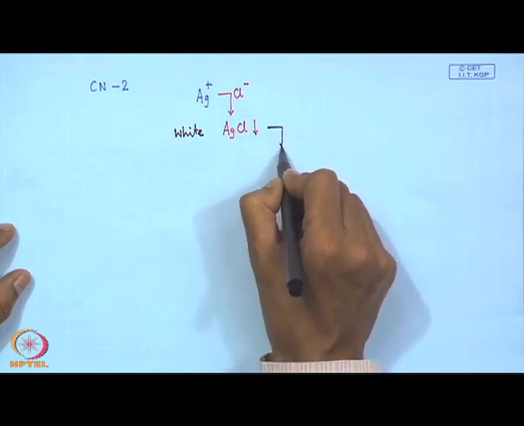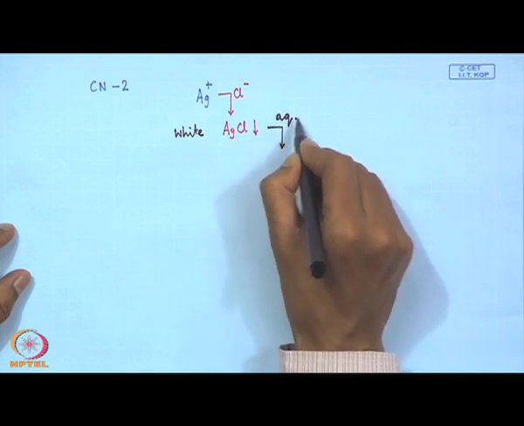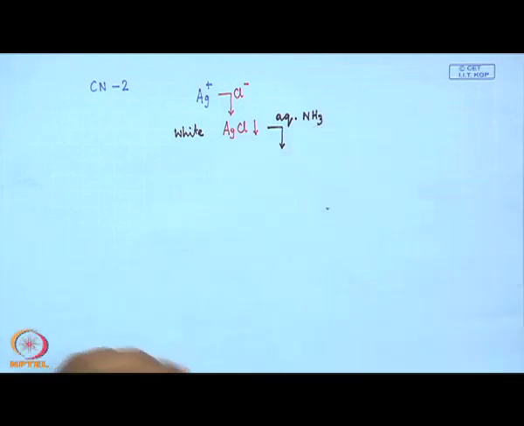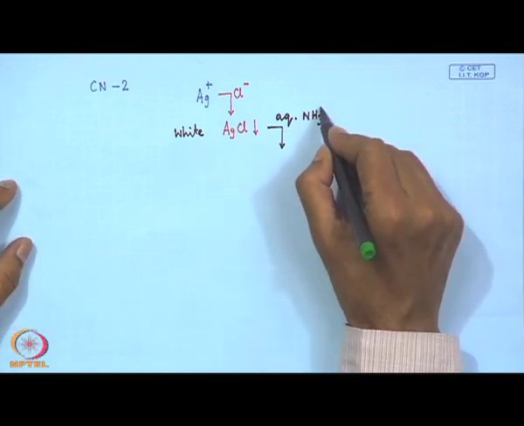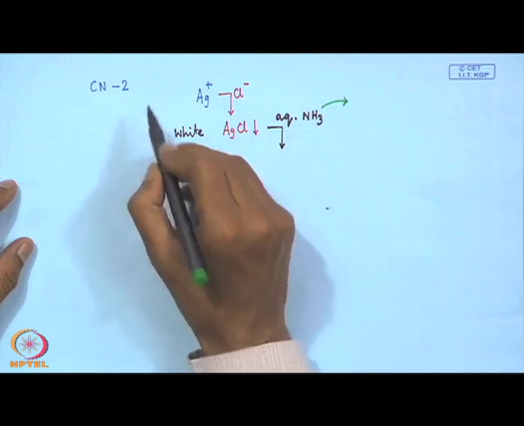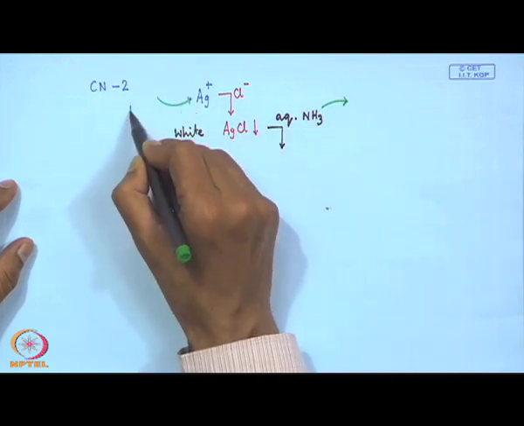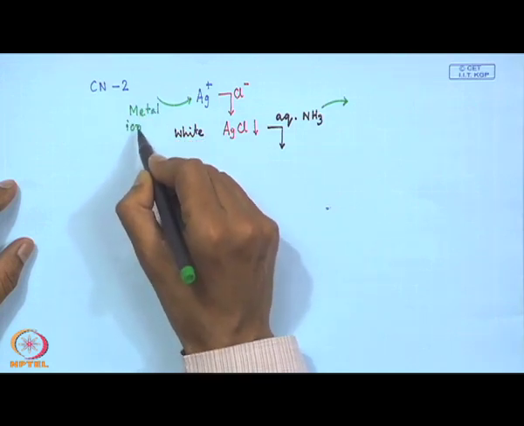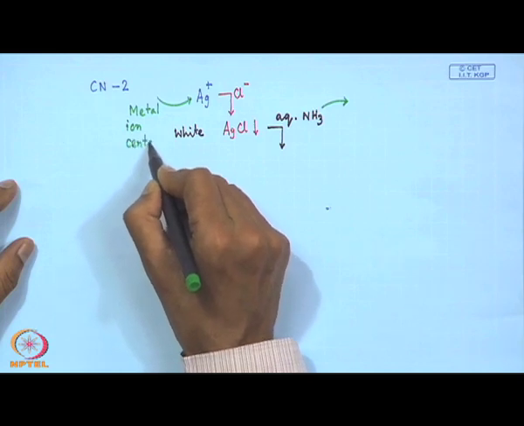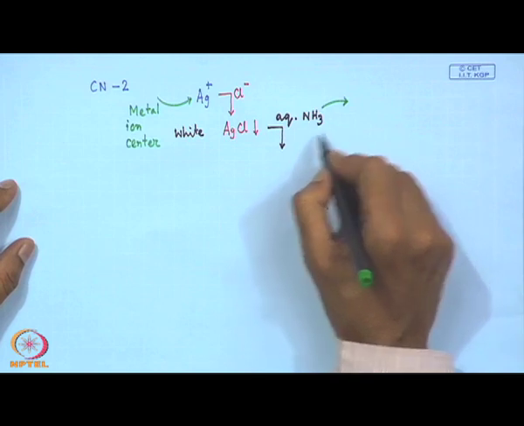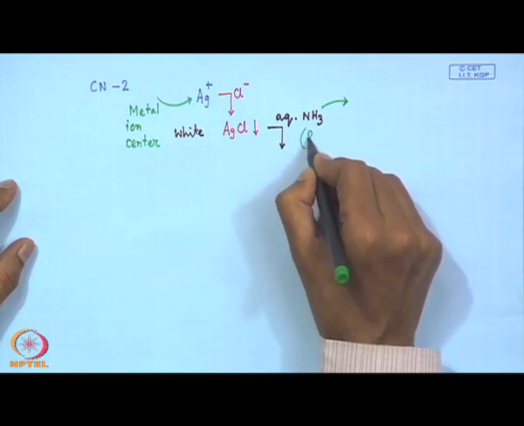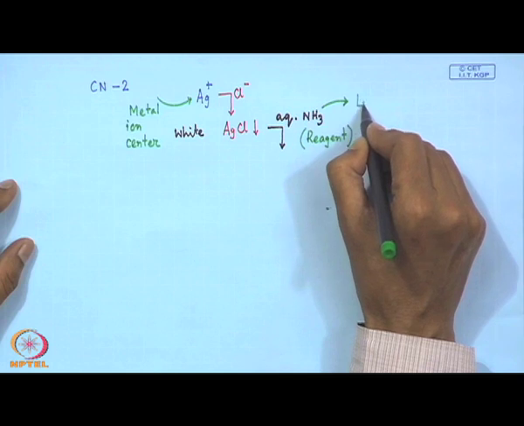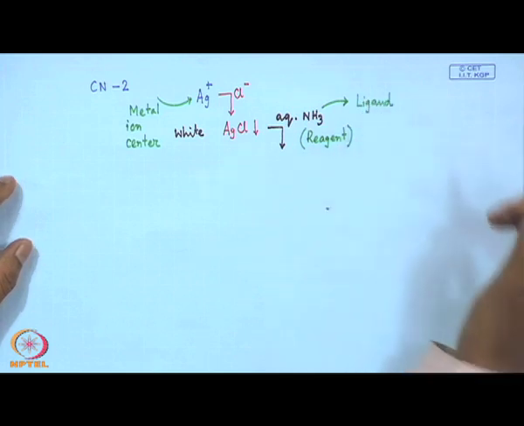So, what we do is simply add aqueous ammonia solution, and when we add it, we should at the same time consider that we are looking at something where the silver ion is the metal ion center, and what we are adding as reagent, aqueous ammonia, can be a good ligand.